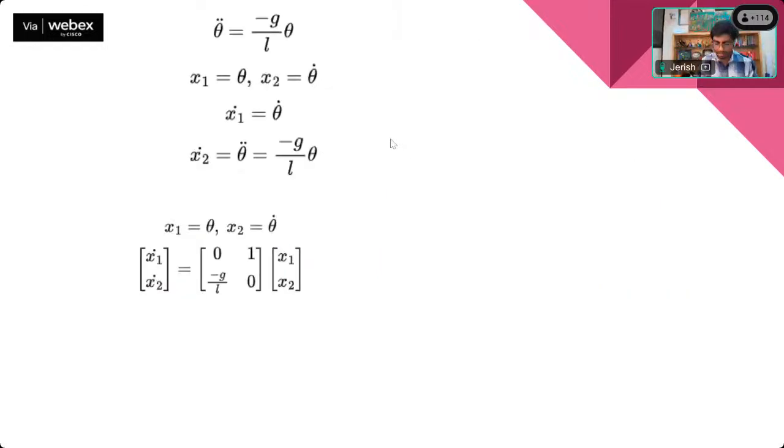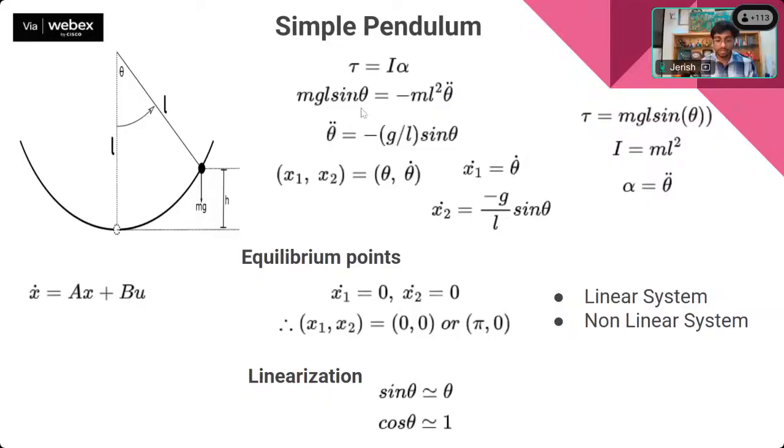This is the derived dynamical equation of the simple pendulum. If you have an initial condition and you leave the pendulum, it will move to and fro, swinging. That is described using this particular equation. So this is the dynamical equation.